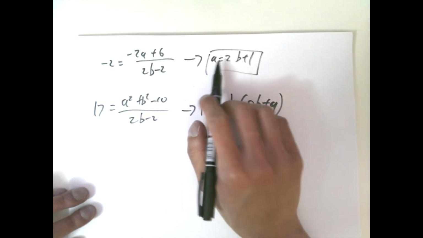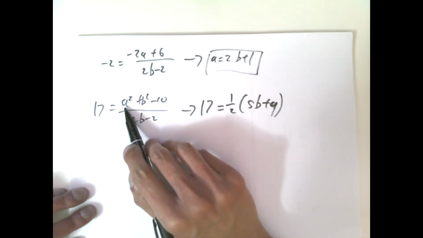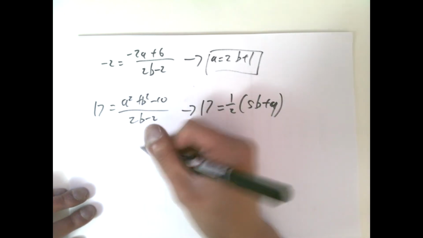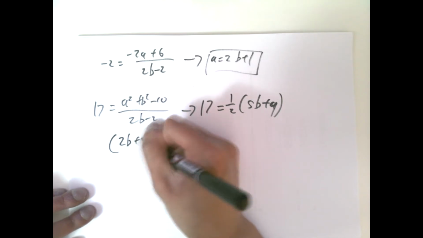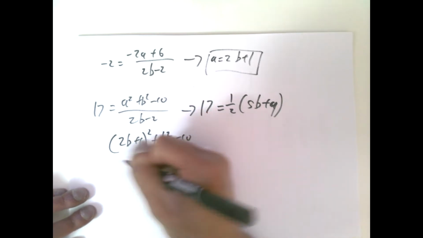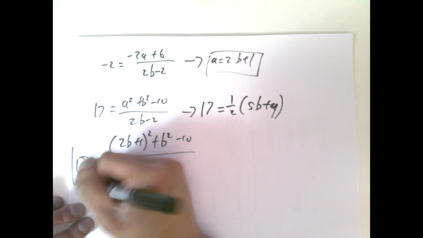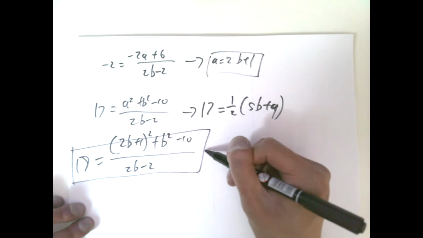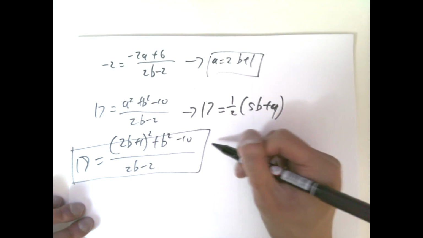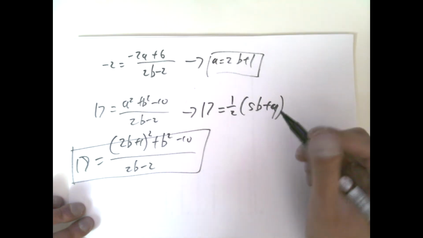By putting this a which is 2b plus 1 into that a, we're gonna get, now taking all of this and solving for b, we're gonna get 17 equal to half times 5b plus 9.